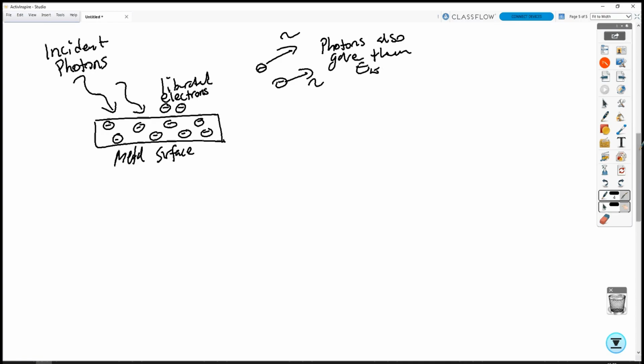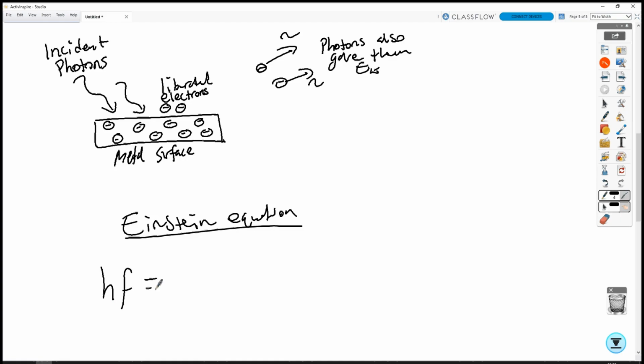So we'll recall Einstein's photoelectric equation, which tells a story of what happens here. The energy of the photons, which is given by hf, liberates the photoelectrons, so it has to do work against the work function.